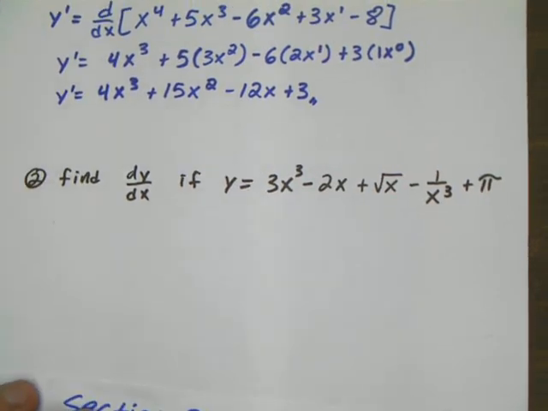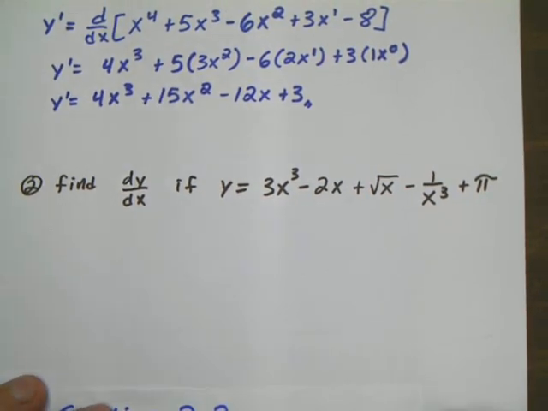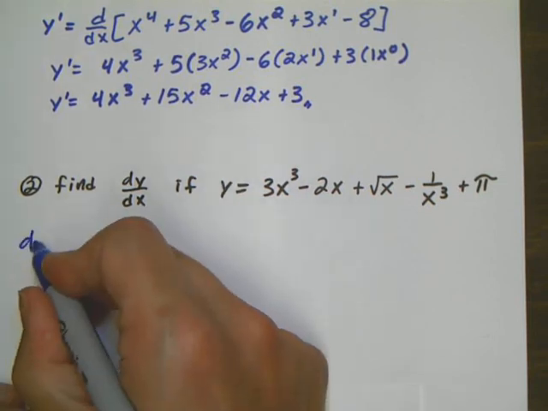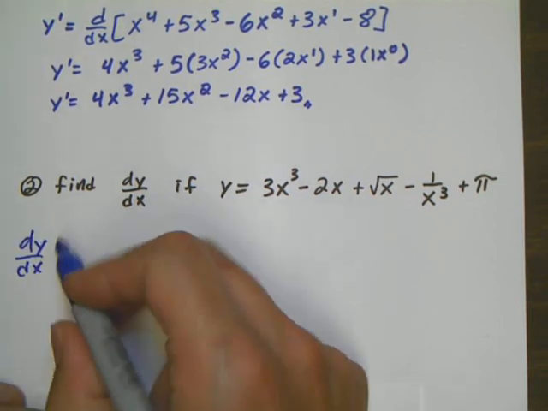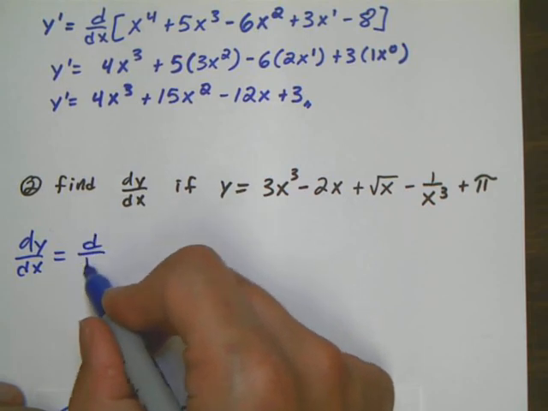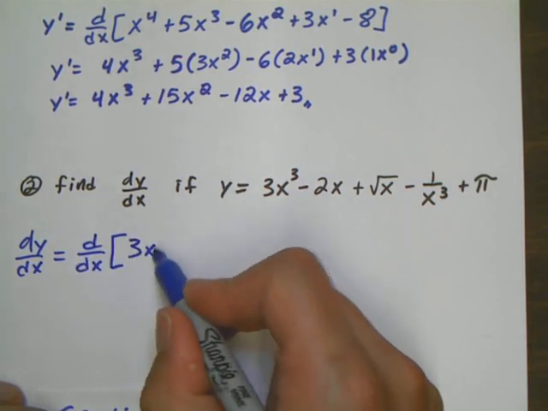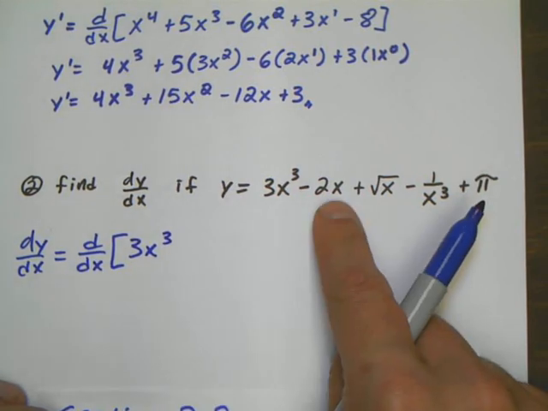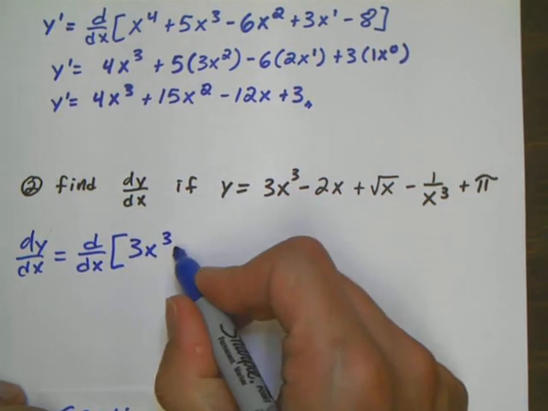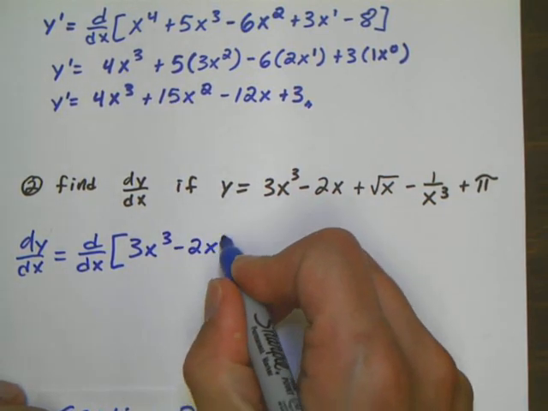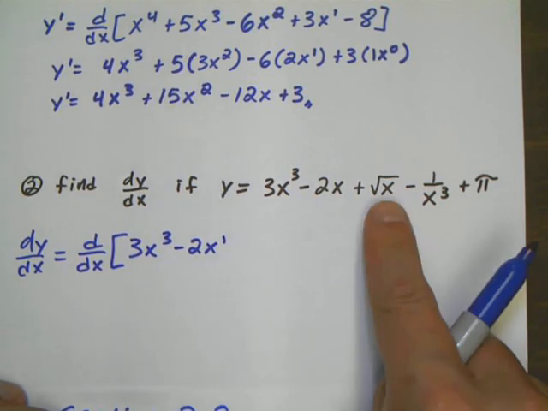This one looks a little bit more complicated, but the same kind of theory applies, as I want to find the derivative. Let me set up my dy dx equal to the derivative with respect to x of all of this. This is going to be 3x to the third. Again, I have to be able to see what power this is, so it's going to be minus 2x to the first power.